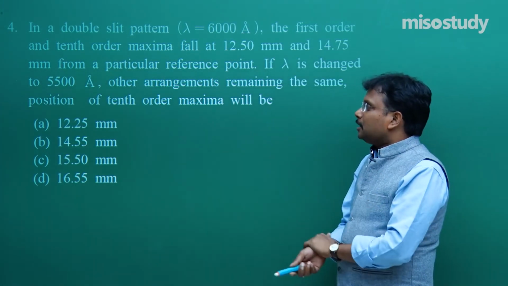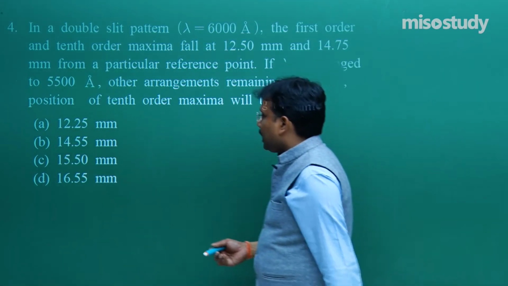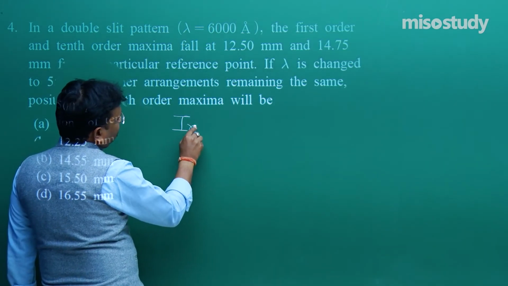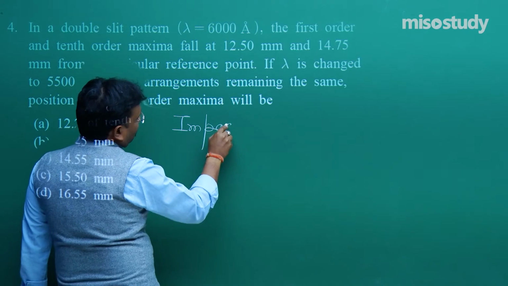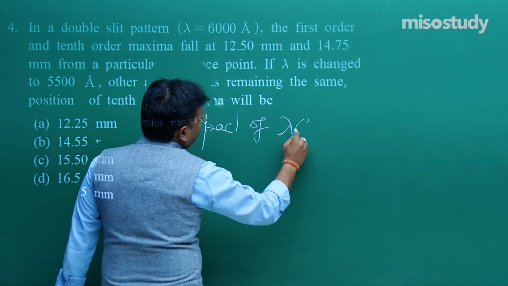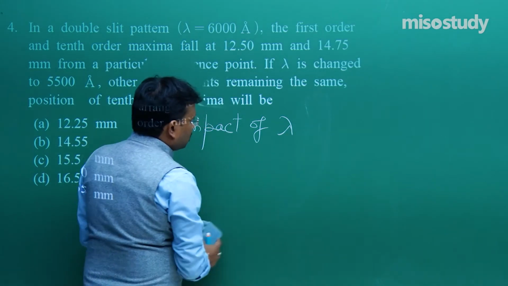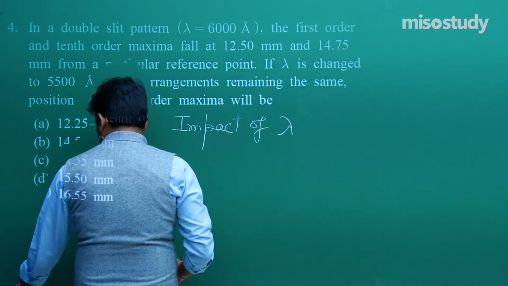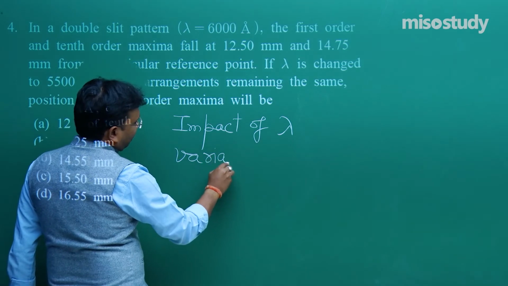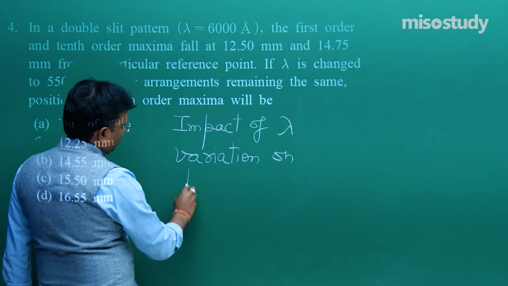So I hope the problem is clear. Again, I would like to write down simply one sentence, and that is impact of lambda variation on pattern.